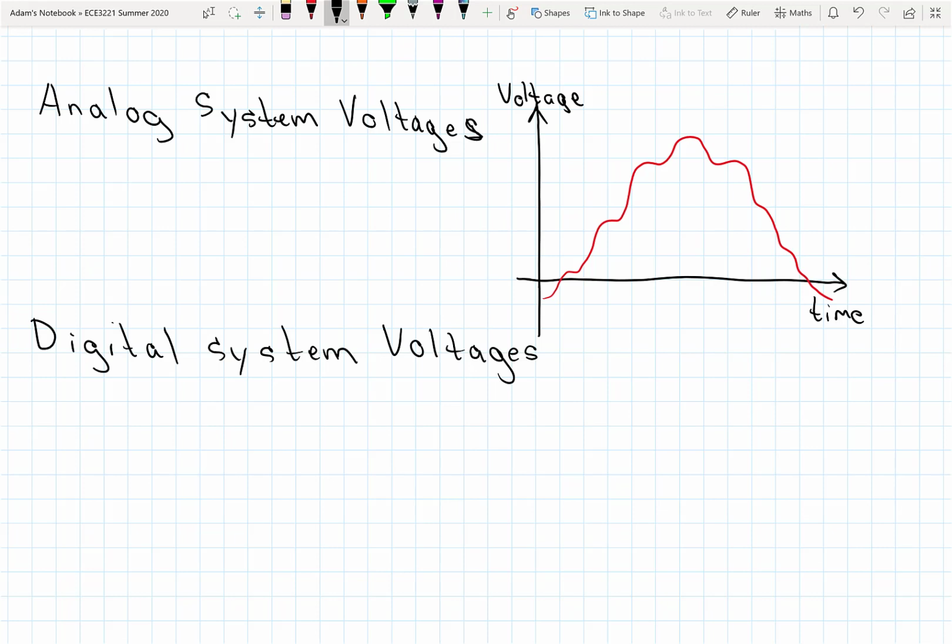Okay, so it has an infinite number of values that can be represented on that voltage scale, if we're talking about voltages here, right? So when you think about the temperature in the room around you, if you look at your thermostat, maybe it says it's 22 degrees in your room, maybe it says it's 22.5.